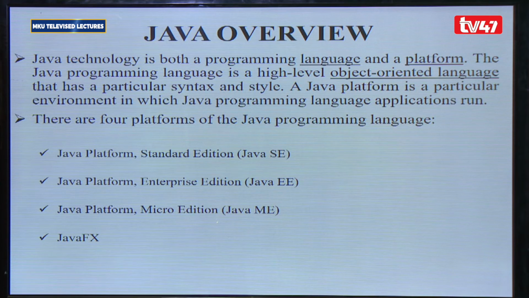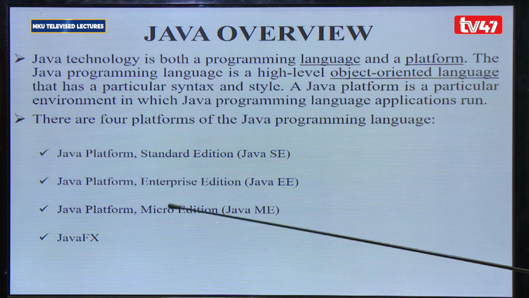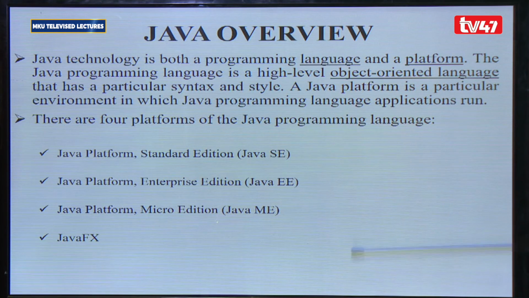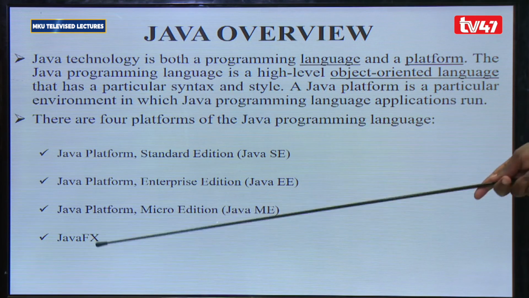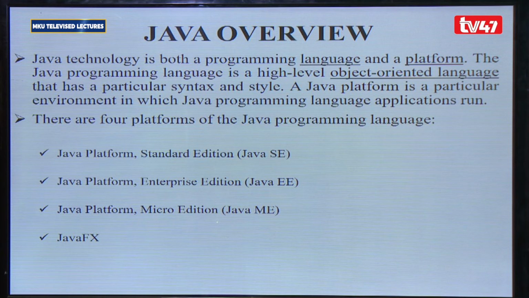By the year 2010, there were only 2, but by 2020, we have 4. We have Java Platform Standard Edition, Java SE, Java Enterprise Edition, Java EE, the Java Platform Micro Edition, and lastly JavaFX, mostly for graphics, but we're going to discuss that on the next slide.